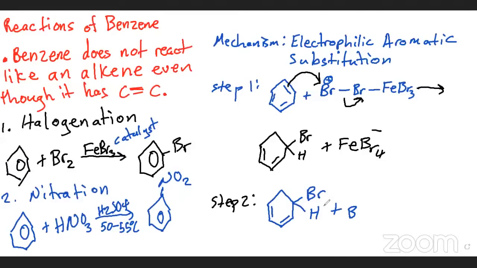Now, in some textbooks, if you look at the study guide, when you read step 2, they will just show this, where you move the electrons. Give me a second. All right, so the electrons from the hydrogen will go back into the ring. But the reason why that is happening is because one of the bromines from here is going to remove it.